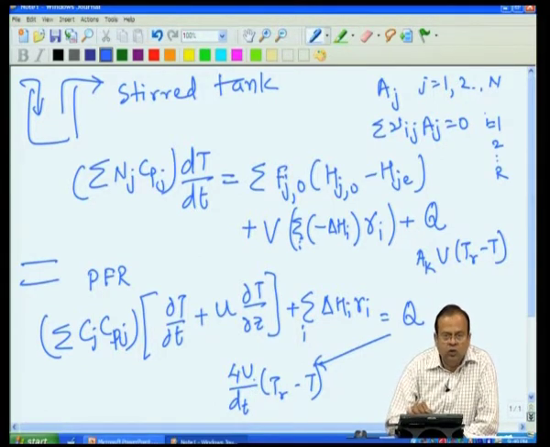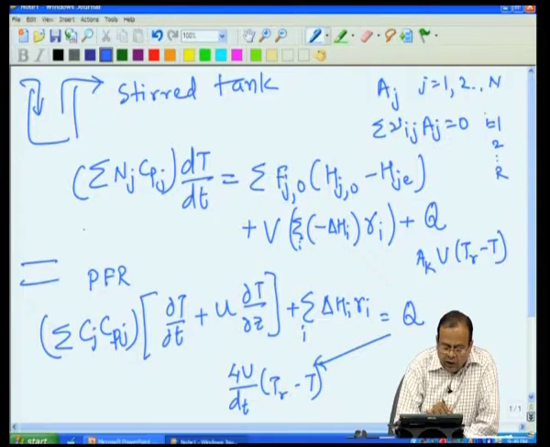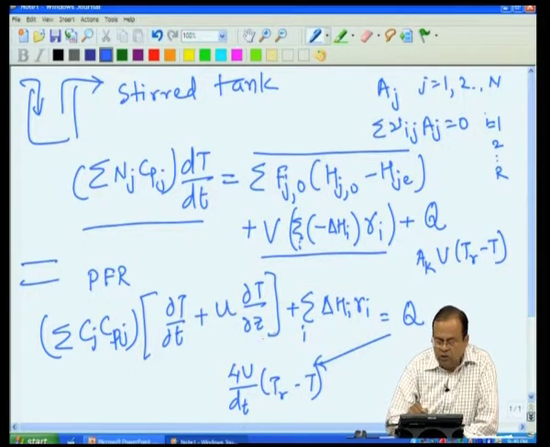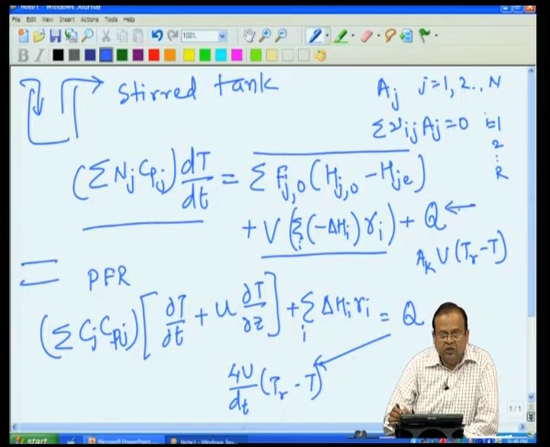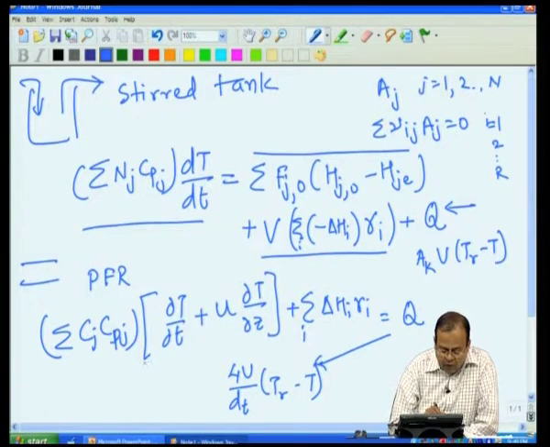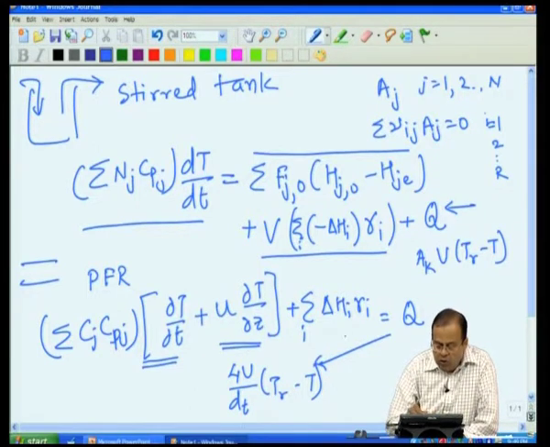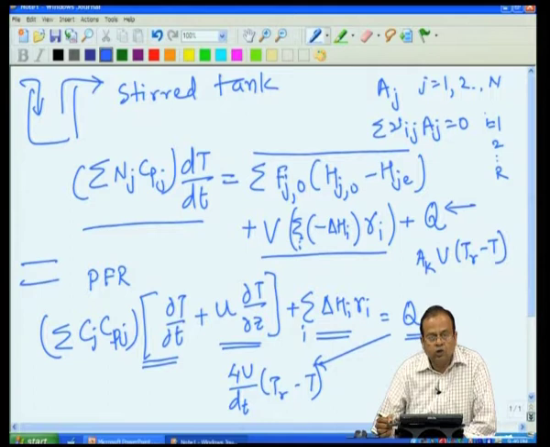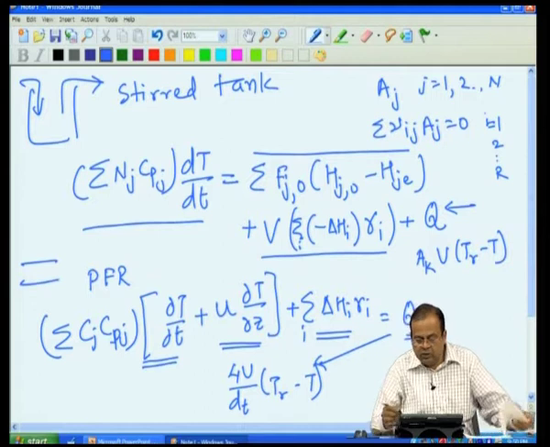So, essentially in both these cases the idea is that accumulation is a result of convective heat transfer, the heat generated in the reaction, and heat which is externally added to the system. Similar terms appear in the plug flow reactor: the accumulation term, the convective energy transport, the generation term, and the heat addition term. So, these are our general energy balances.